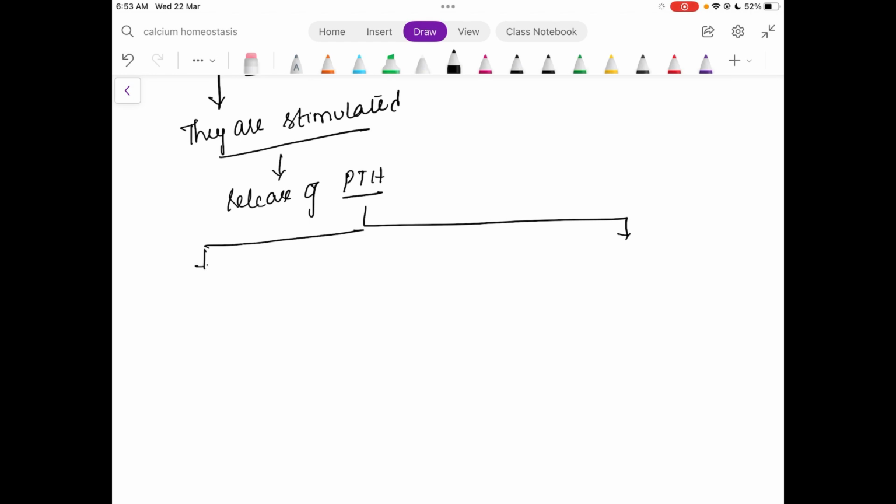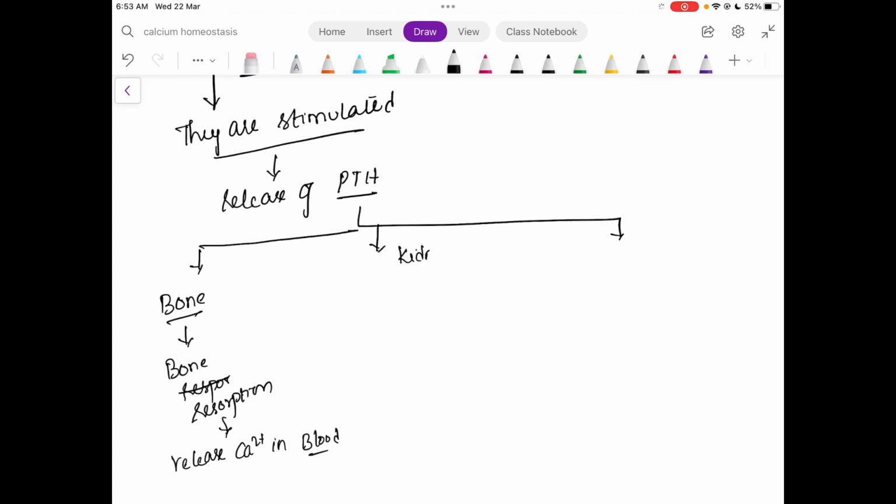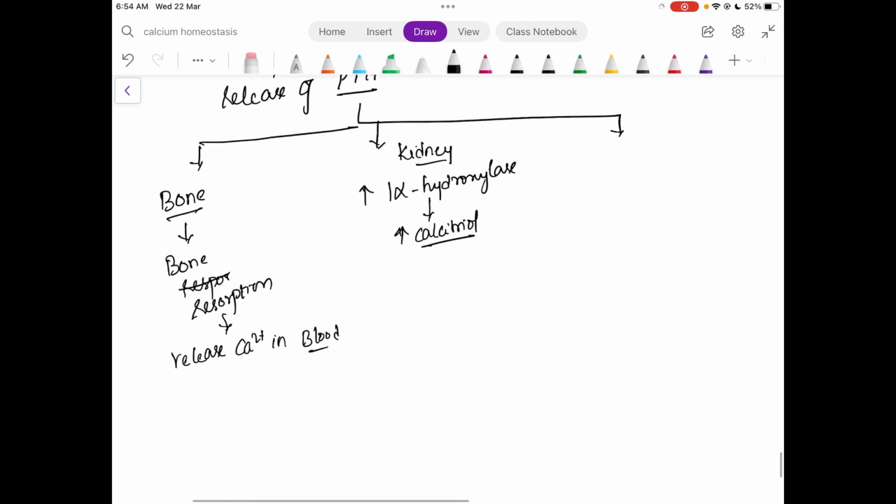What will PTH do? It will act on three organs. That is, on bone, it will cause bone resorption and release calcium into blood. In kidney, it increases activity of 1-alpha hydroxylase and increases synthesis of calcitriol.